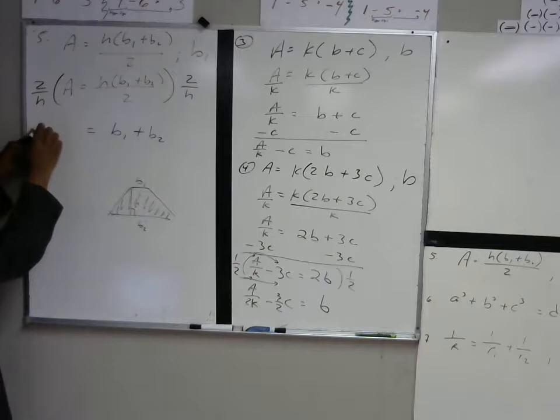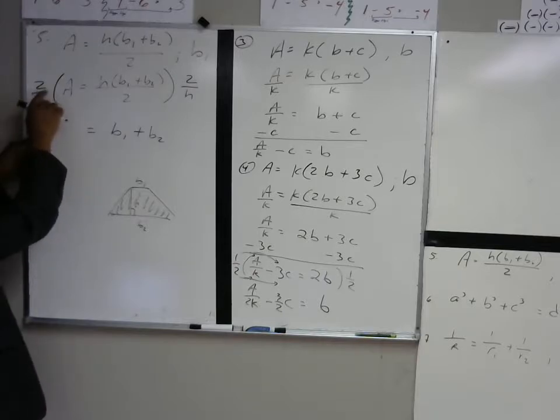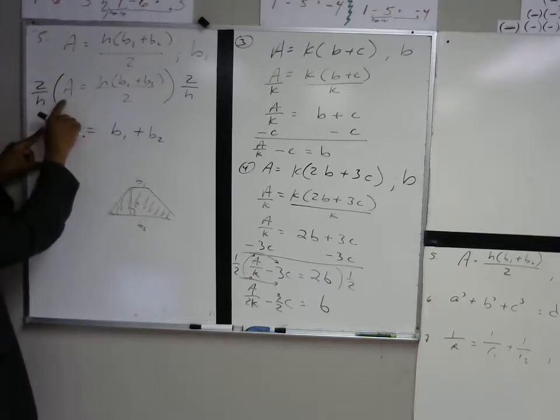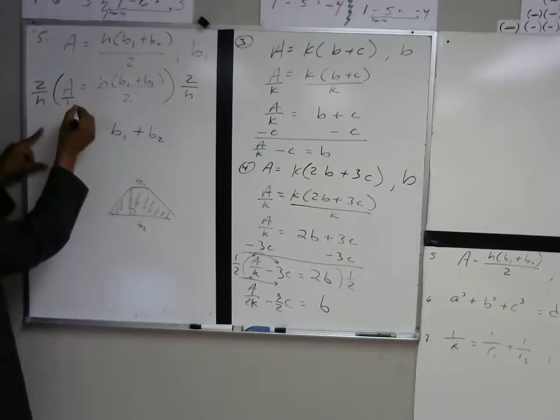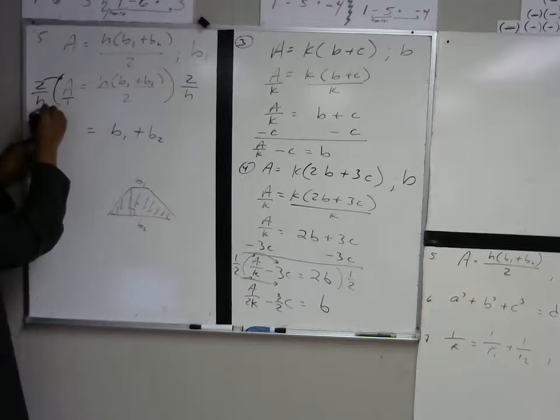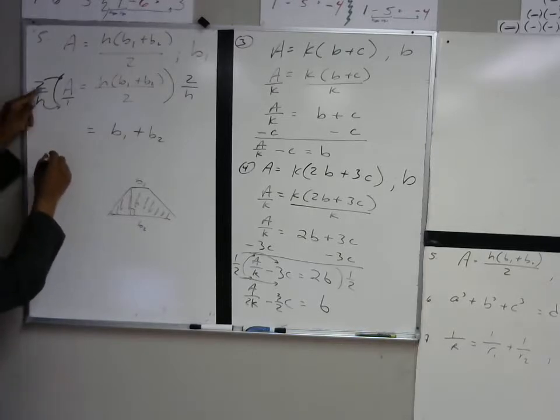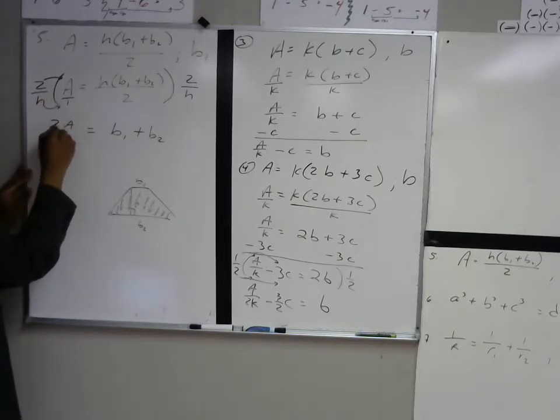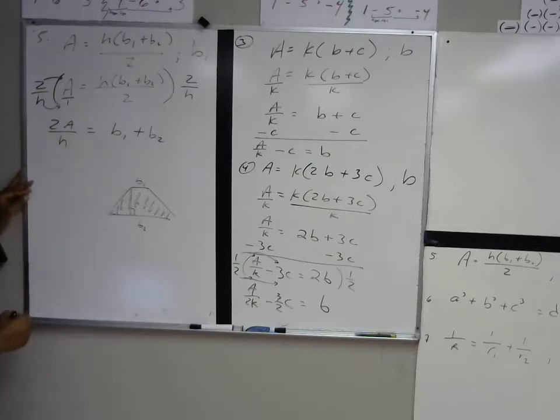Over here, we'll multiply the 2 over H times A. You notice that A does not have a denominator. We're going to give it a denominator 1. So we can say 2 times A and H times 1. 2 times A gives us 2A. H times 1 gives us 1H.